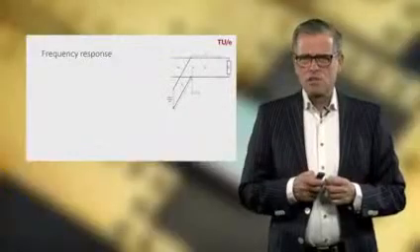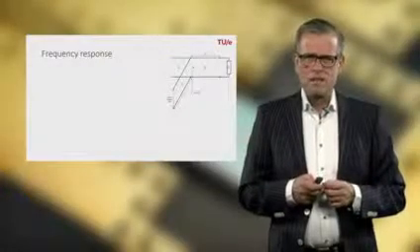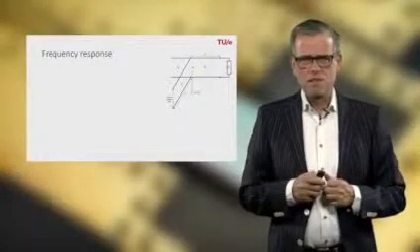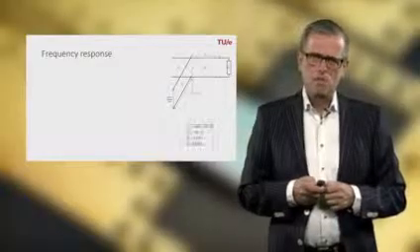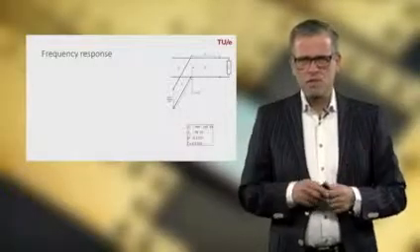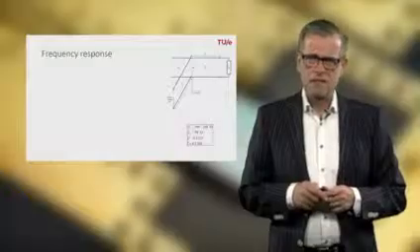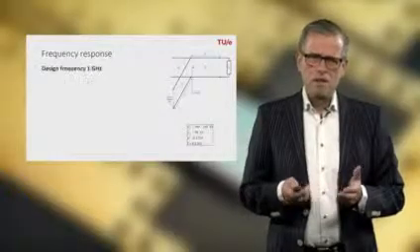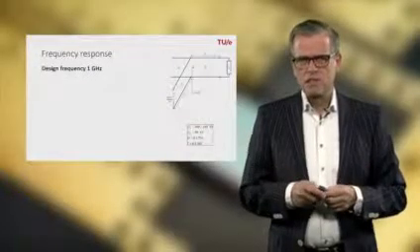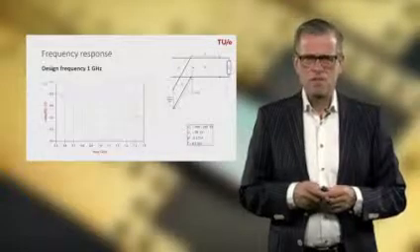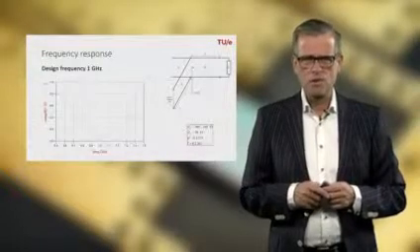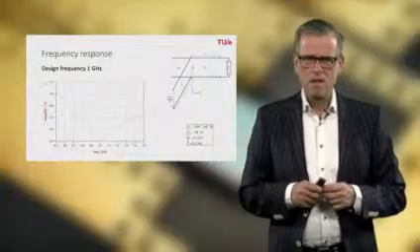Well, how does the circuit look like? If we would simulate it in, for example, a circuit simulator like ADS, we would see that with these particular values that I have indicated here, with a design frequency of, for example, 1 gigahertz, we would end up with this curve. So exactly at 1 gigahertz, we have perfect matching.